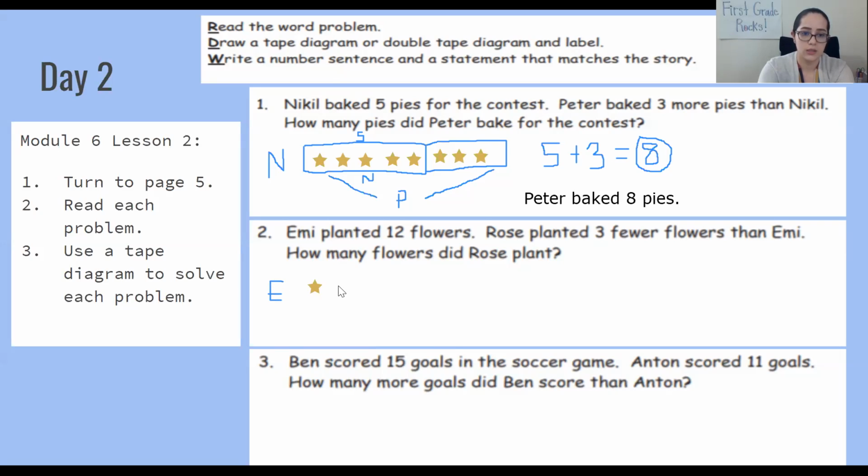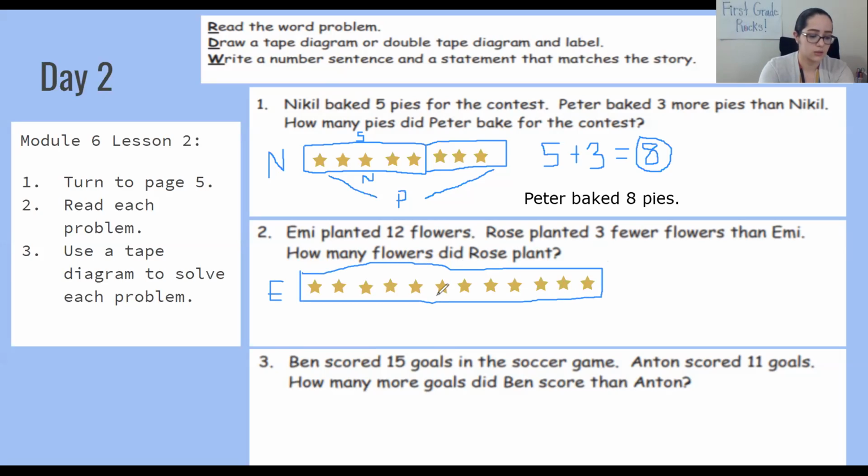So 1, 2, 3, 4, 5, 6, 7, 8, 9, 10, 11, 12. Draw my tape diagram. All right, and I'm just going to write 12 here at the top.